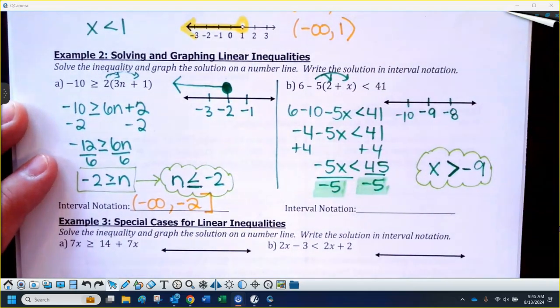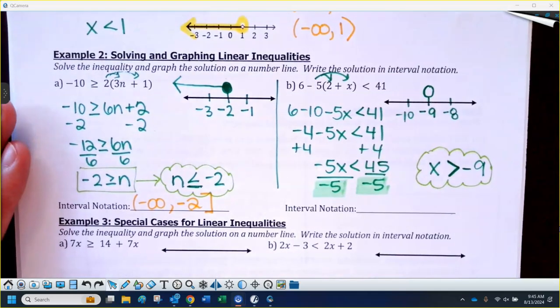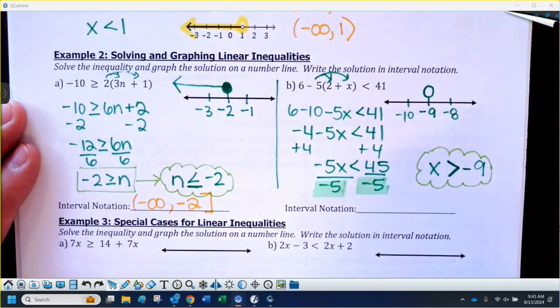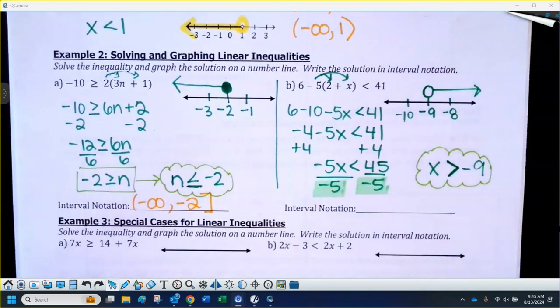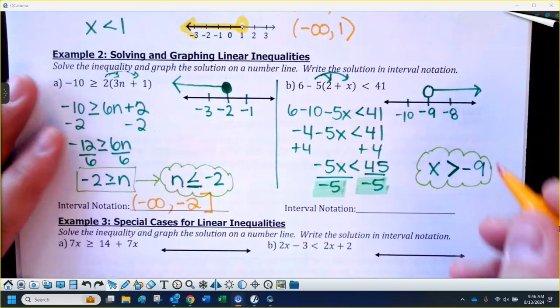Should I have an open circle or closed circle at the -9? Open. Can't be equal to it. Which way should my arrow point? Right. Greater than goes to the right, less than goes to the left. Or if you've got your variable on the left, just follow the arrow. That'll help you. What would I write for the interval notation for this one? Hunter, what do you think?